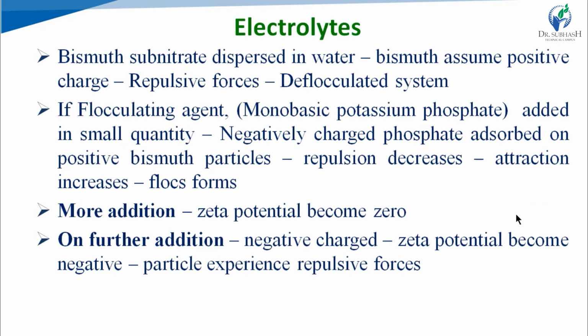So the first one, electrolytes. For example, bismuth subnitrate. If you have prepared bismuth subnitrate dispersed in water, the bismuth has a positive charge. That means between the particles of the bismuth there will be a repulsive force, a presence of repulsive force between the solute molecules.